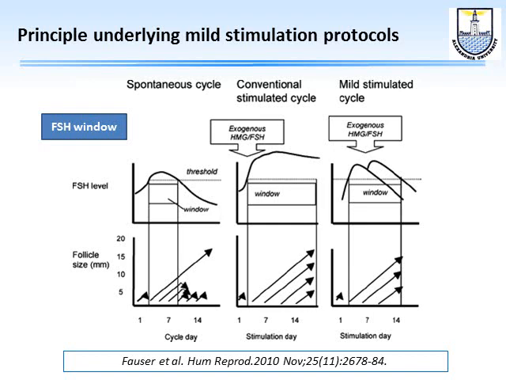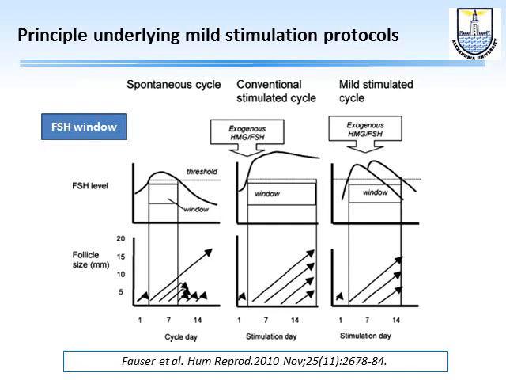Now in the middle panel, as you can see, if we are giving stimulation to this lady with high doses, then we are raising the level of FSH to very high levels, and then our window of FSH is going to be quite wide, in which case all the follicles which were meant to regress do not regress, and they carry on producing mature follicles, as you can see, multiple follicular development.